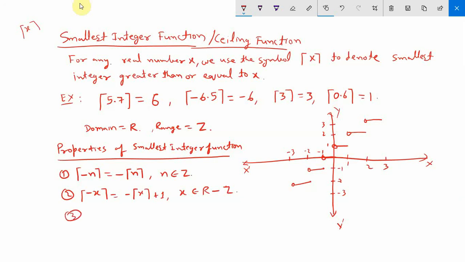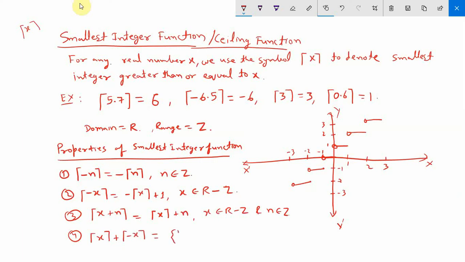Third property is the smallest integer function of x plus n equals the smallest integer function of x plus n, where x is an element of R minus Z and n is an element of Z. Next property is the smallest integer function of x plus the smallest integer function of minus x.